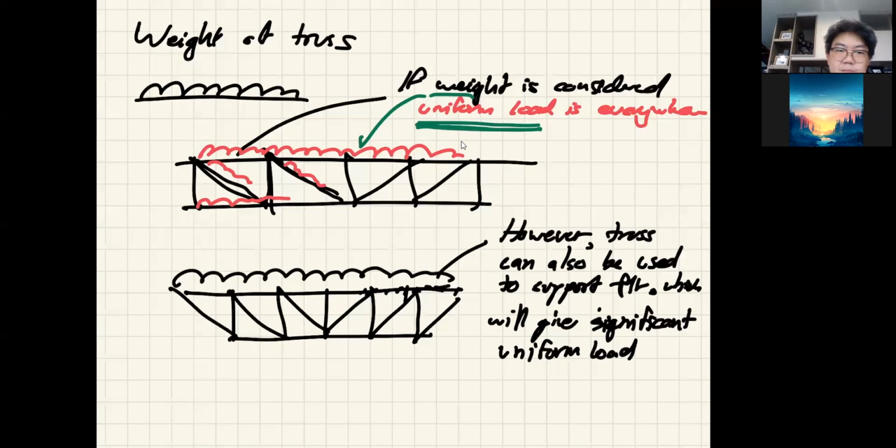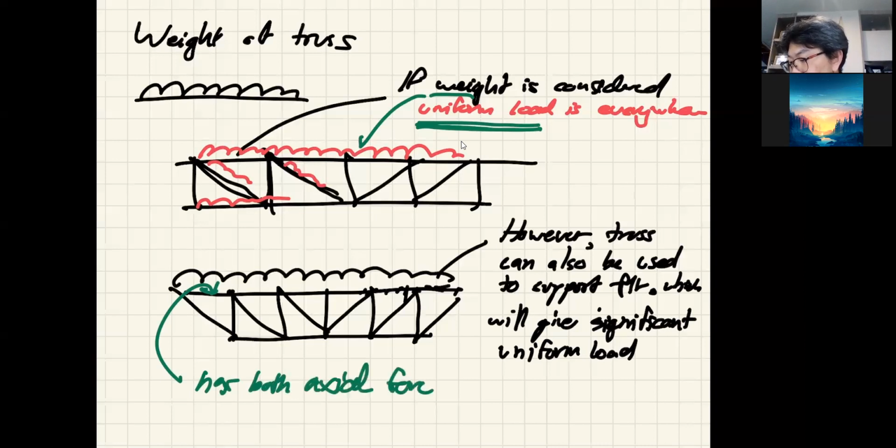In that case, your truss will become a member that has both axial force and bending moment.